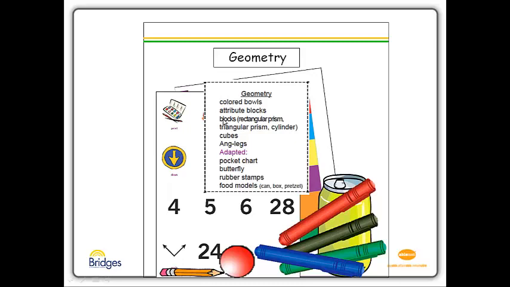You notice you have items that you will need for the typical items on the assessment, and then also adapted materials. So we've made a list of both those, so you have the option to administer both typical and adapted items in each subtest.